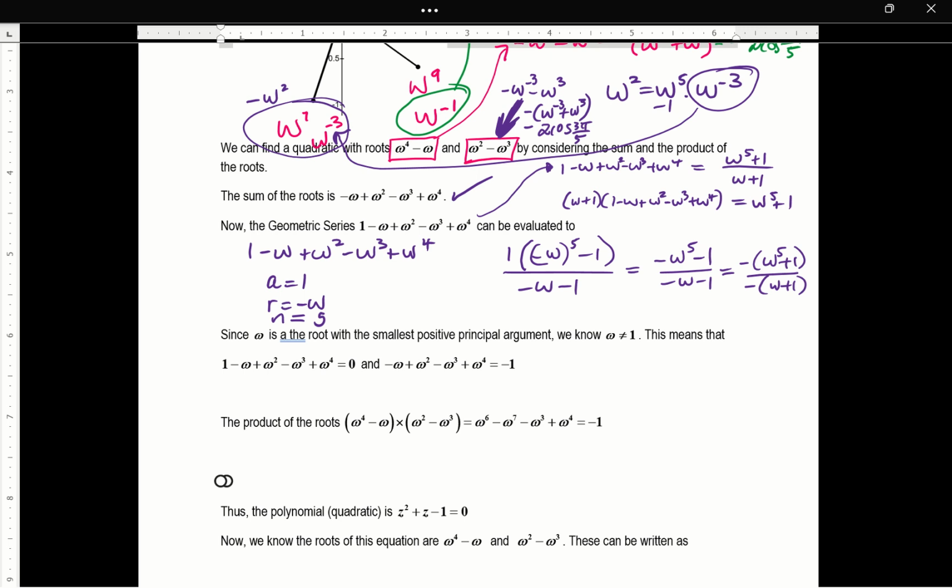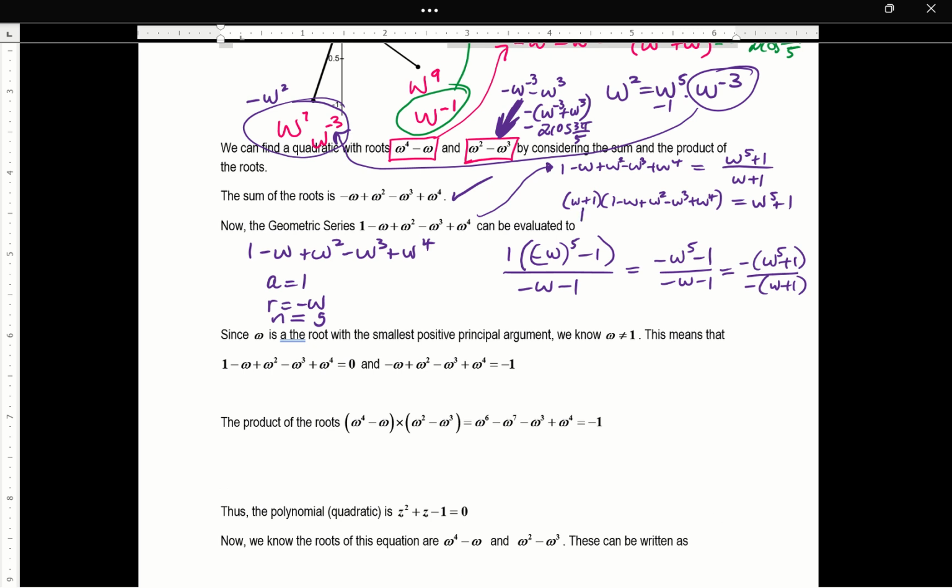Now, remembering where these roots have come from, we've got two roots we're using here to make a new polynomial, but the roots we're using are made up of combinations of roots from z to the 5 plus 1 equals 0. So this W solves W to the 5 plus 1 equals 0. So when W is subbed in there, you get 0.